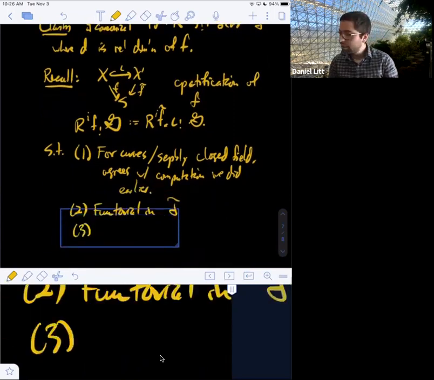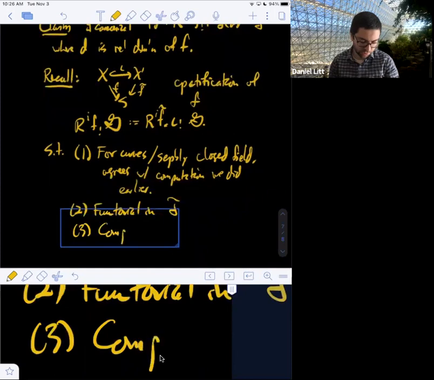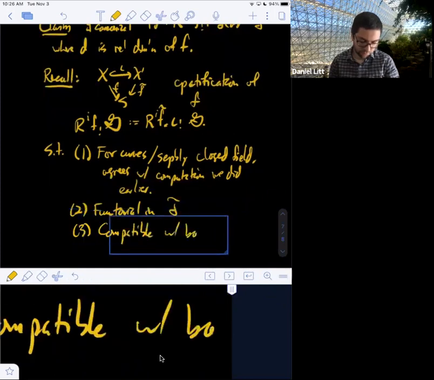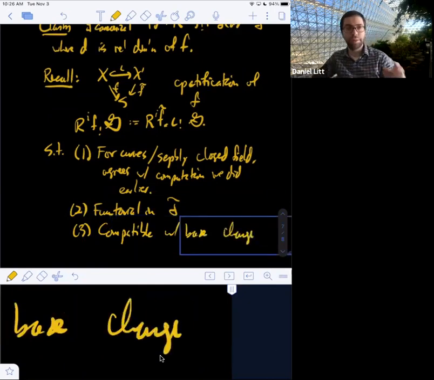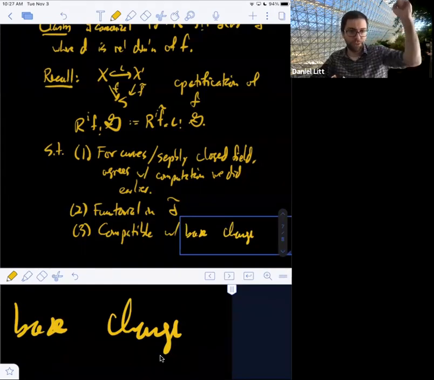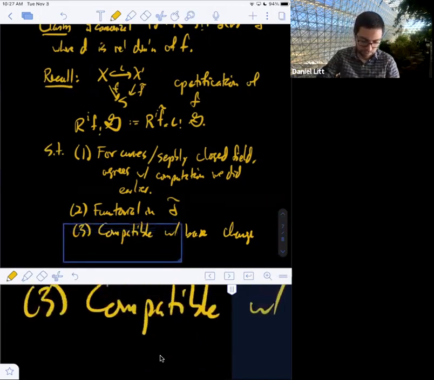Three, it's compatible with base change. What does that mean? It means that if I have X to S, and an S prime mapping to S, and I form the Cartesian square, then if you start with a sheaf on S, pull back and do this on X prime, it's the same map you get if you take the map on S and then just pull it back to S prime.